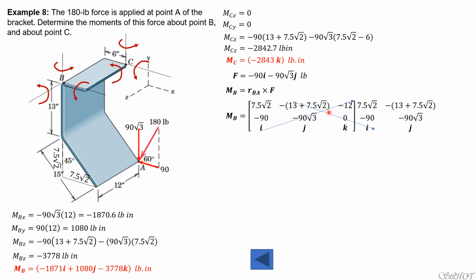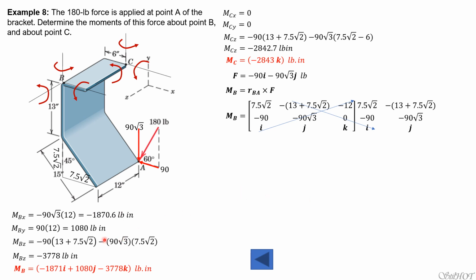So if you notice, moment about B would be the same. We have here for MBX negative 90 square root of 3 times 12, because the product is positive and this is the negative direction, so the result is negative. So it's the same.